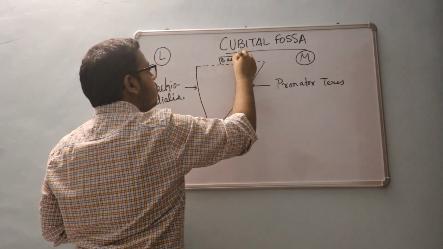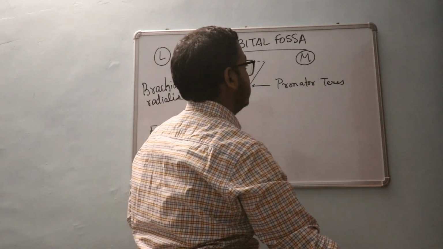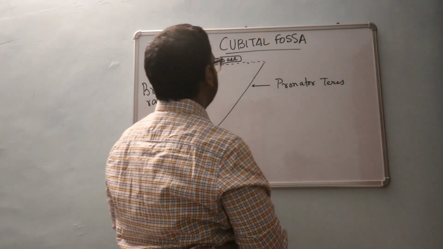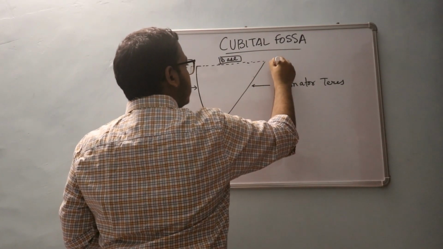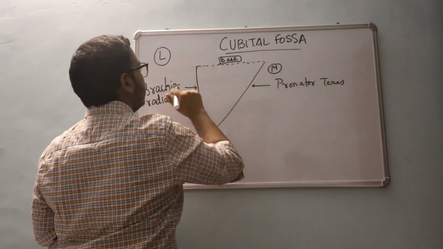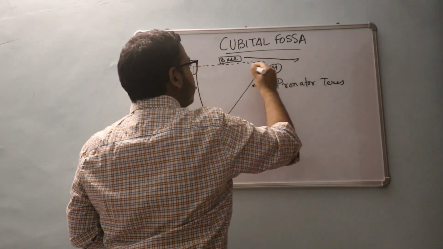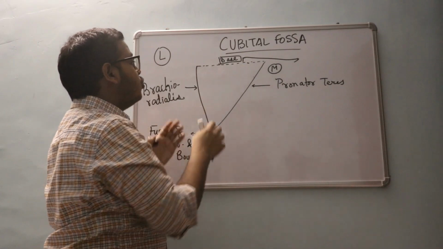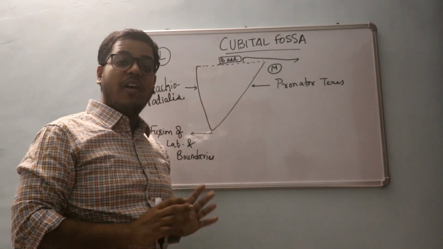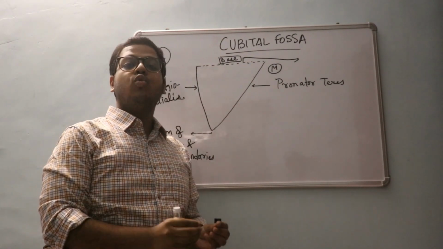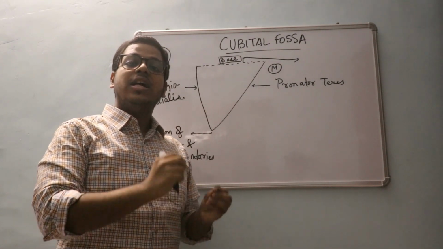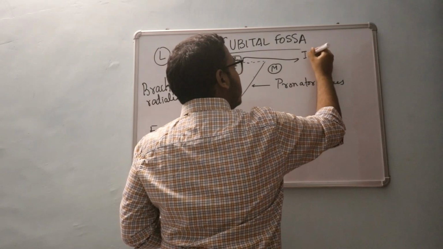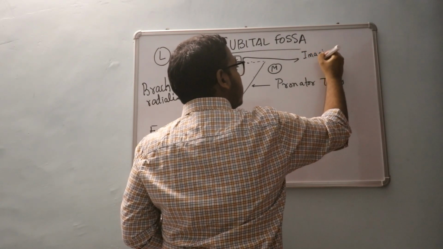So what forms this base? I have made it a dotted line. Why? Because it is not a true structure, it is an imaginary line. What is the imaginary line?